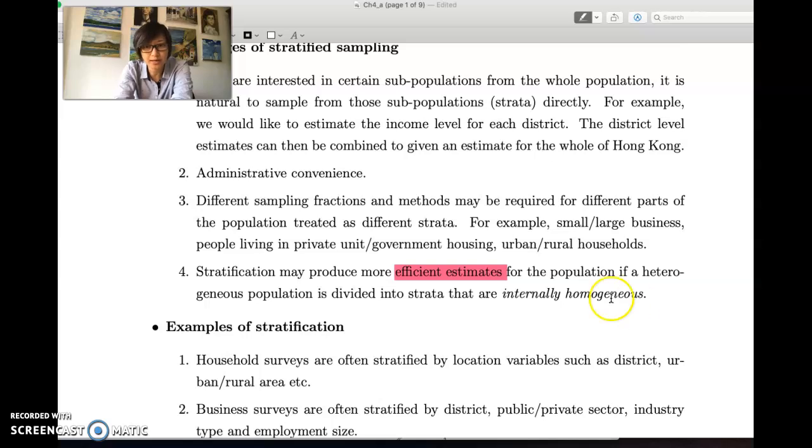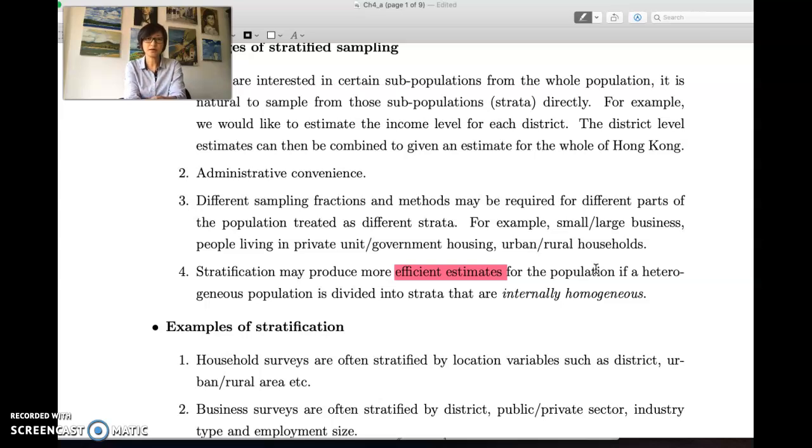What does it mean by the population being heterogeneous and the strata being internally homogeneous? Heterogeneous means they're quite different. So within the population, we know they are not very similar to each other in some characteristics. But within the stratum, they are homogeneous; they are similar to each other. I always use the example of estimating the average income.